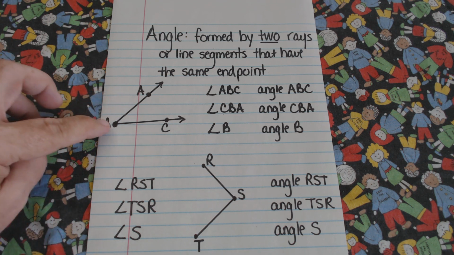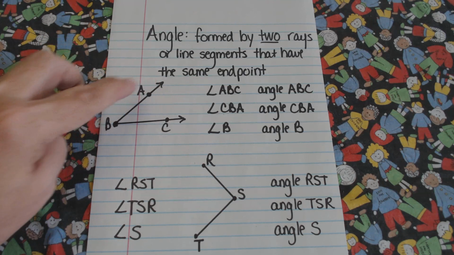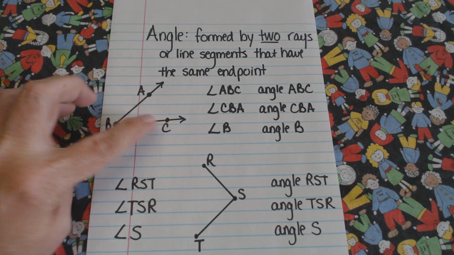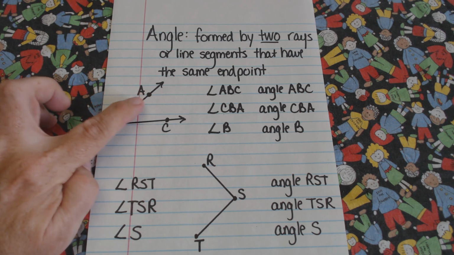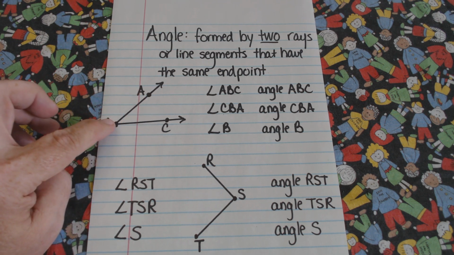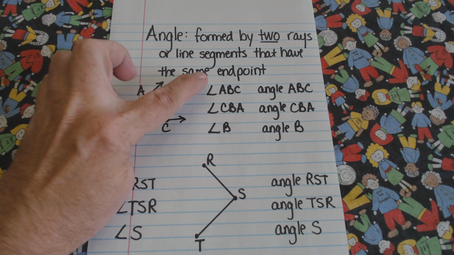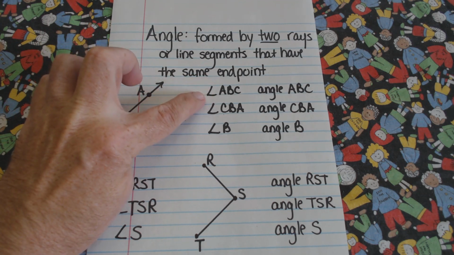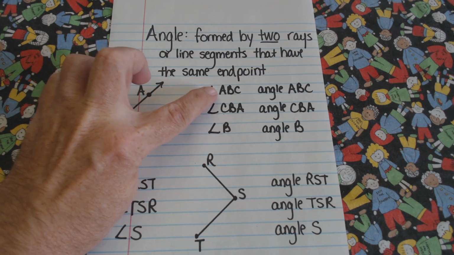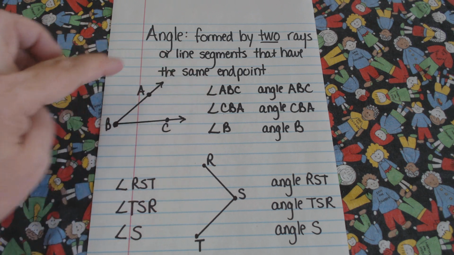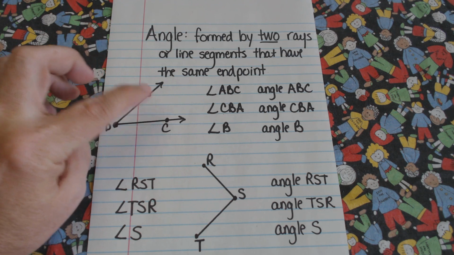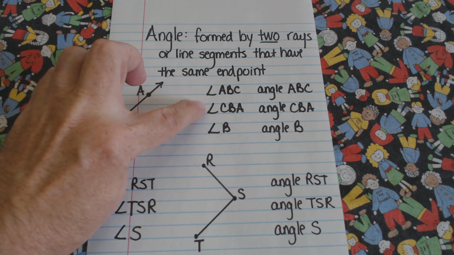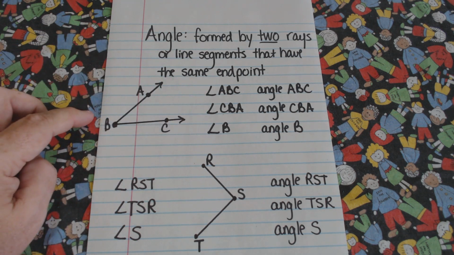So notice we have ray BA here and ray BC. The letter B is a common endpoint, and together this forms an angle. And the way we would write that is with this symbol here. That means angle, and we would read this as angle ABC. Another way of naming this would be angle CBA.